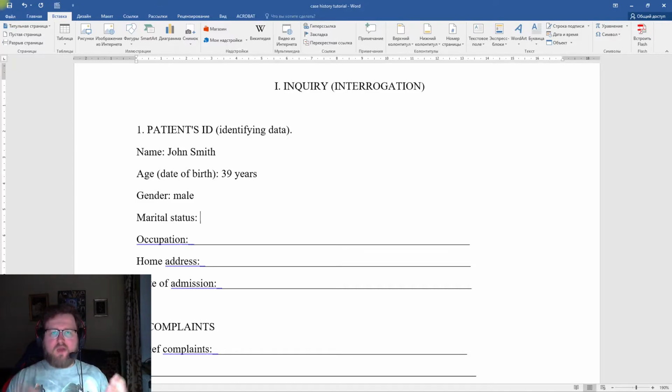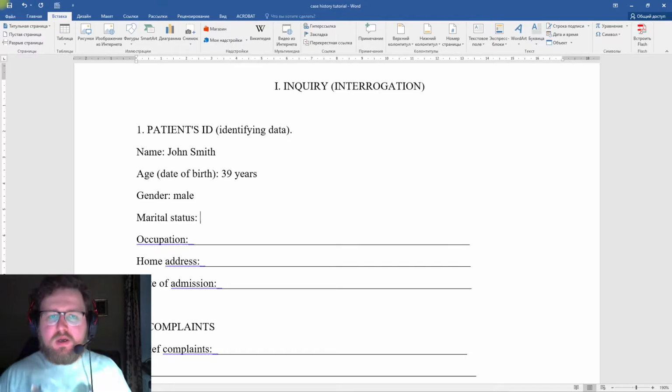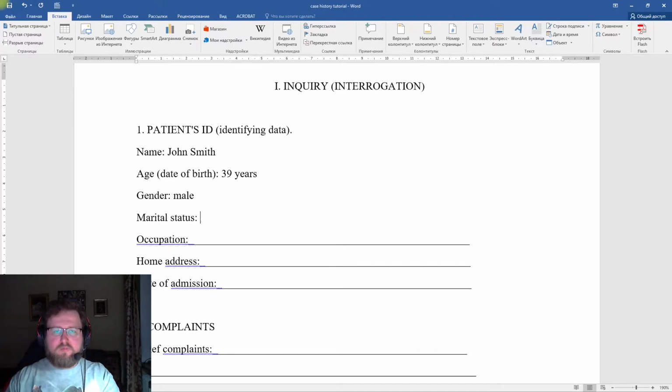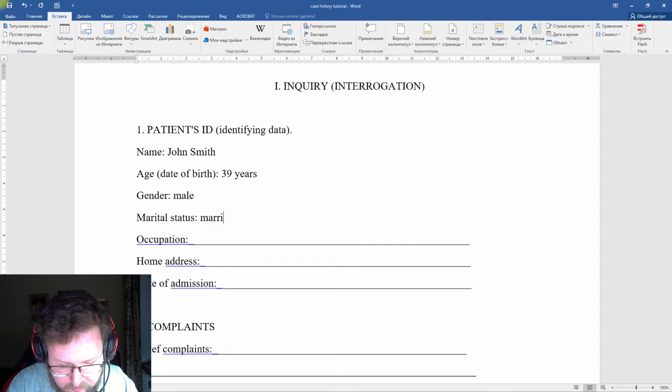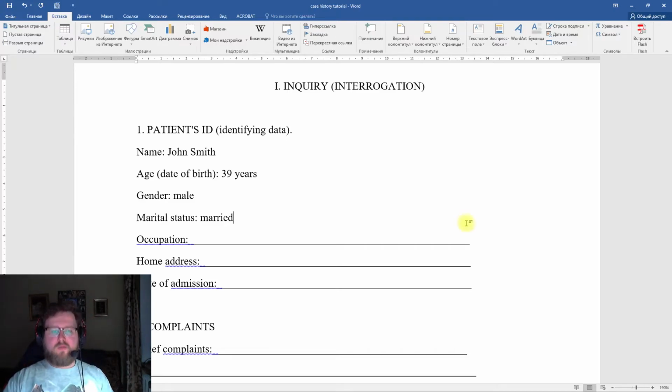It's going to be his wife, husband, brothers, a very close friend who is as familiar as a brother, and so on. So that's a very important field. From this field you will gather information about exactly who will look after this patient, but we'll discuss it later in more detail. So, for example, let us imagine that this male person, 39 years old, is married. It means that he has a wife.